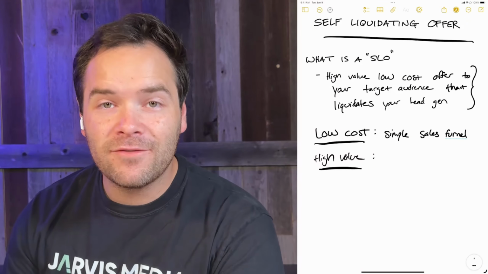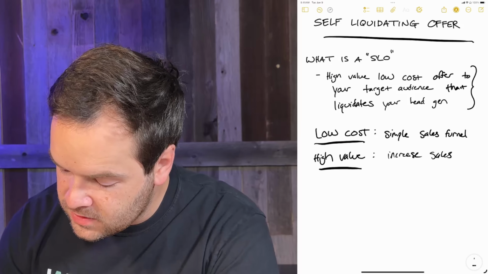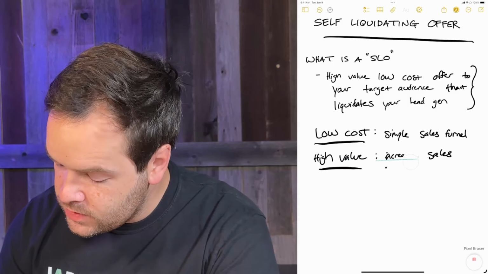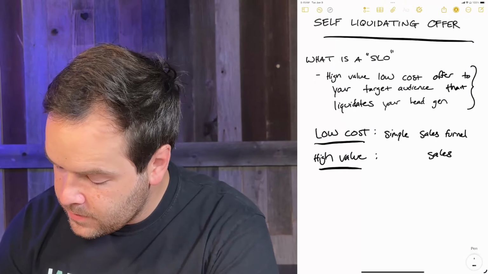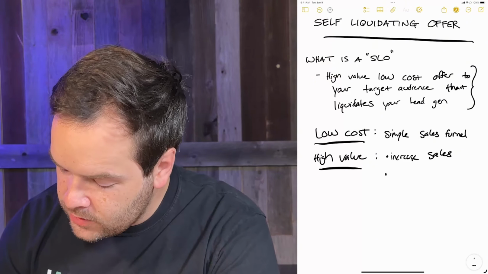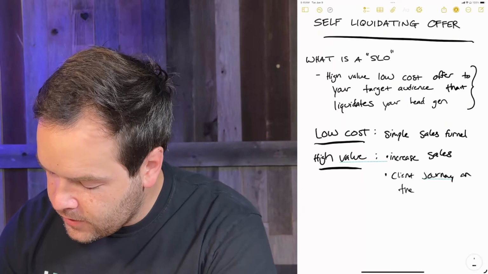One, if it's high value, then it's going to increase the amount of sales, because it's low cost and it's high value. But two, it's also going to start the customer or the client journey with you on the right foot.